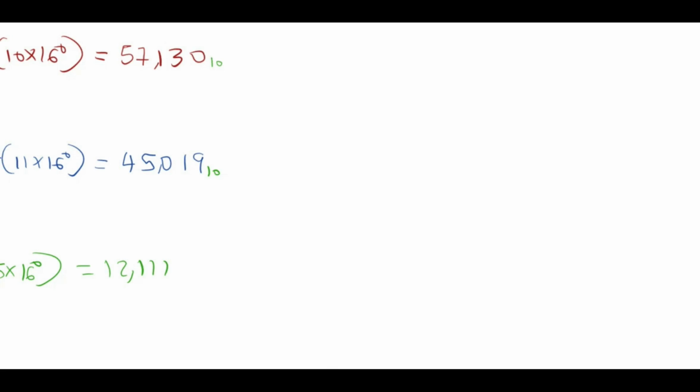So to prove our answer, if you are correct, we check those two numbers. It will be 57,130 minus 45,019. We are subtracting here, we are not adding the numbers. It's subtraction. So it's 0 minus 9 cannot, so you carry 1.